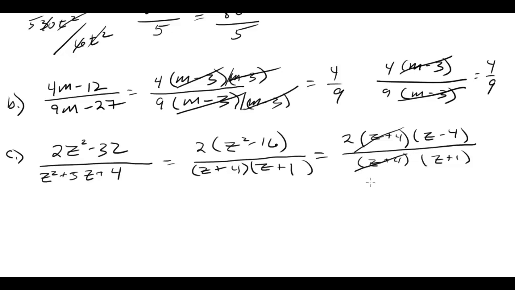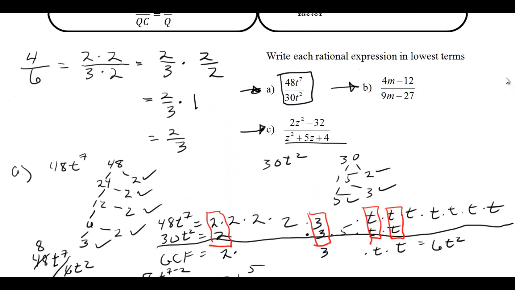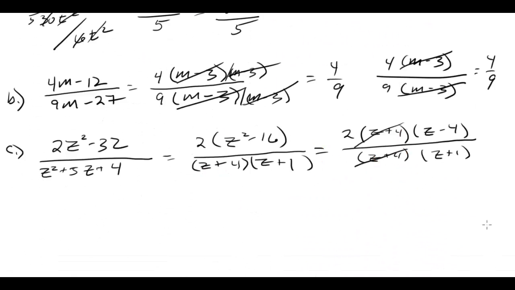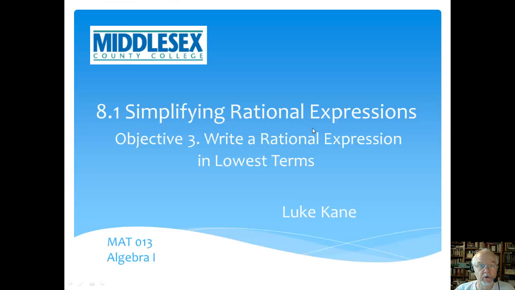So I'm going to cancel it directly. I'm still using the same procedure technically, right? I'm dividing the numerator and the denominator, but I'm just doing it in my head. So what I end up with is 2 times the quantity z minus, not plus, z minus 4 over the quantity z plus 1.